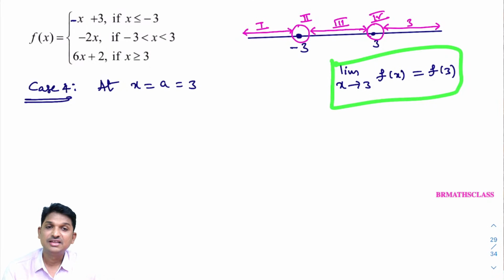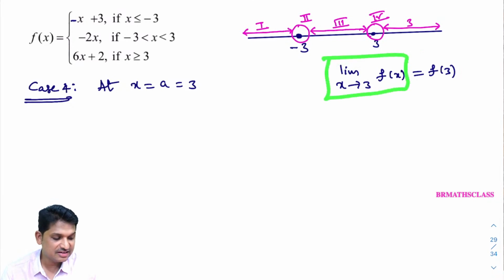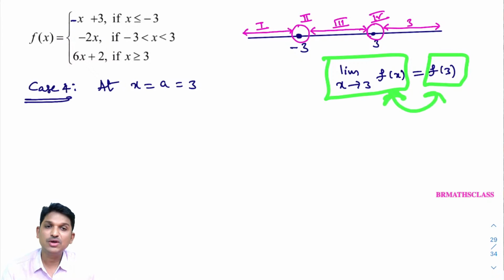Then I can say that this function is continuous at x equal to 3, right? So to check the continuity, first I'll calculate this, next I'll calculate this, later I'll check whether both are equal or not. If both are equal, then I can say that the function is continuous at x equal to 3.